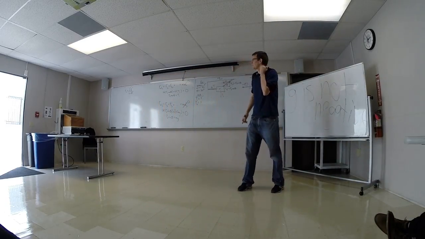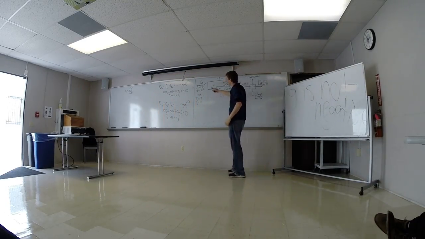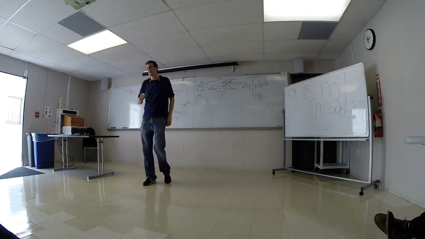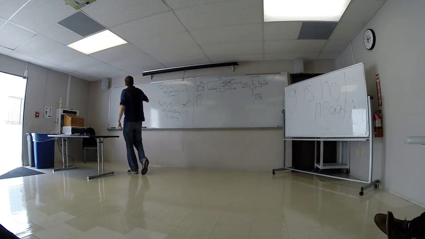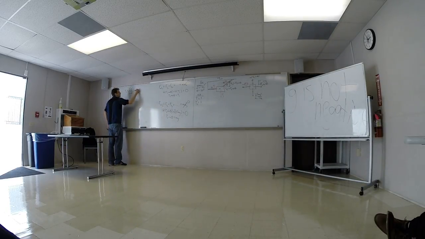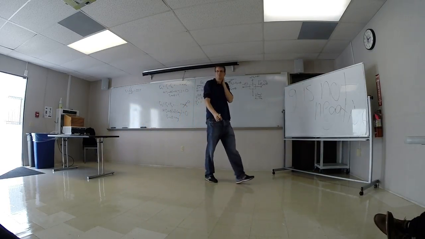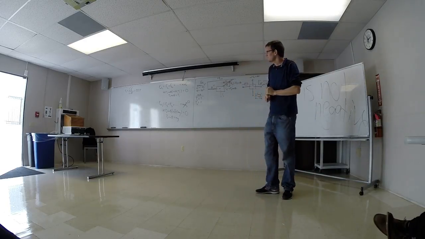So I go ahead and I just plug those things in. I was given the mass is 1 kilogram, the angle is 30 degrees, and g is always known. It's 9.8 meters per second squared. If you do this, you'll get a numerical value. All right?